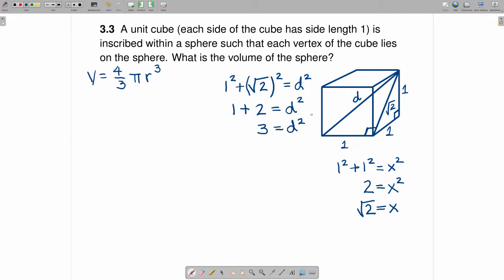When you take the square root of both sides, you get the diameter of the sphere is the square root of 3. Now, if the diameter is the square root of 3, then we know that the radius will be half of that, so the radius is the square root of 3 divided by 2.